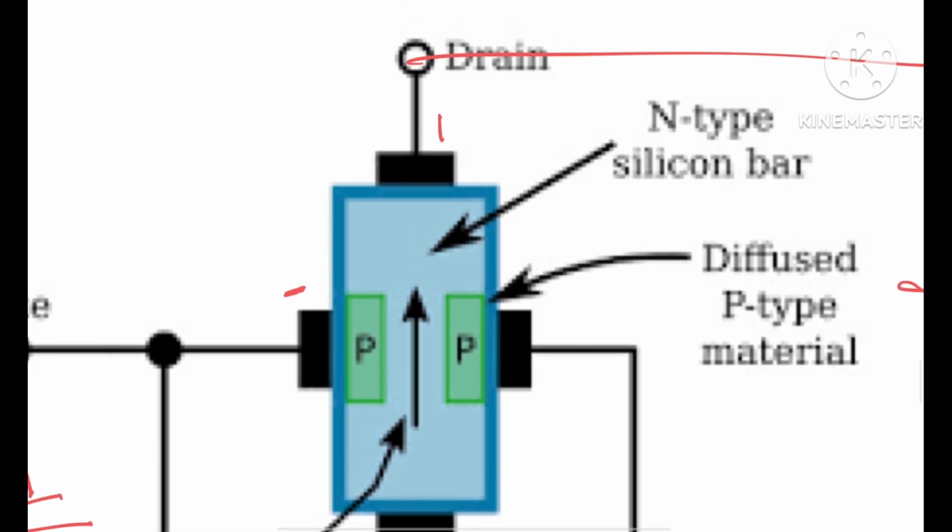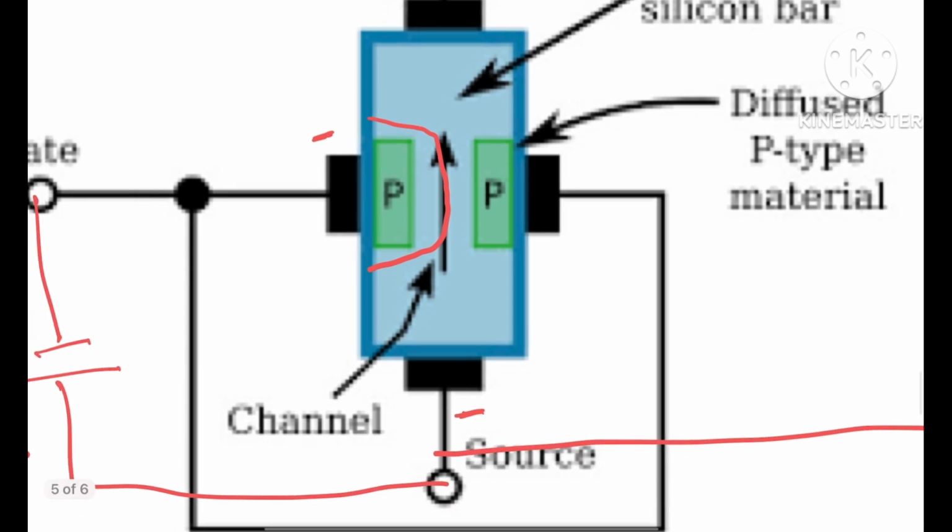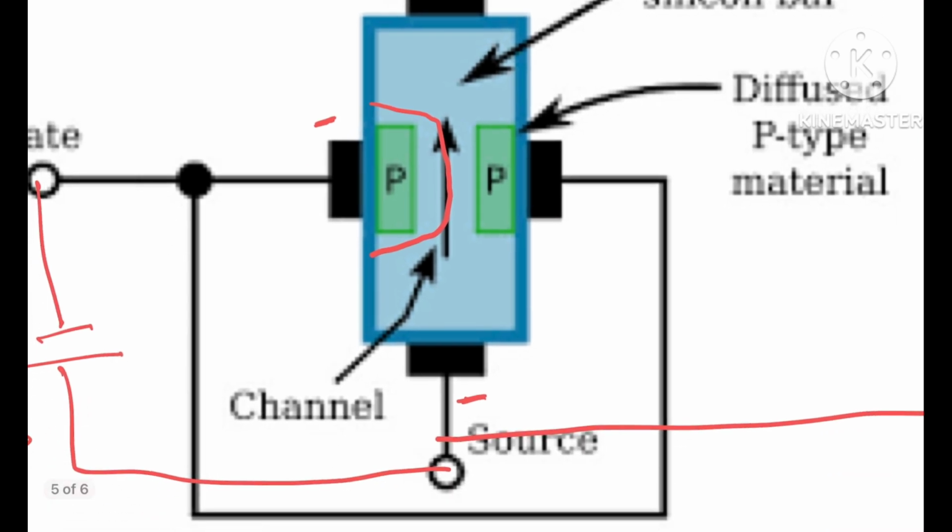Now that we have reverse biased this junction, the depletion layer is going to increase, and the same thing is happening with this one, because these two are connected. So this depletion layer is also going to increase, eventually cutting off the flow of electrons.